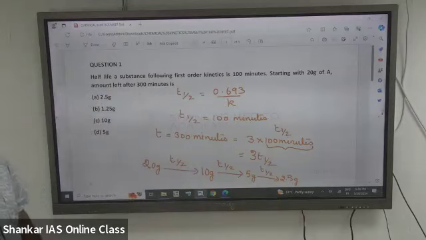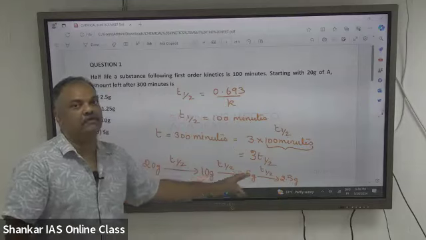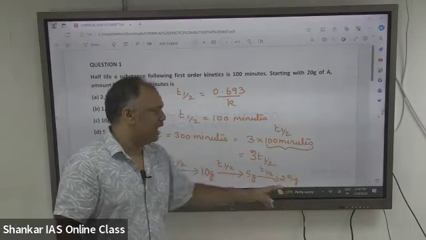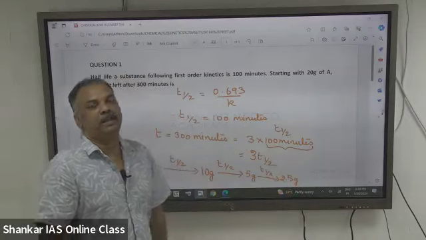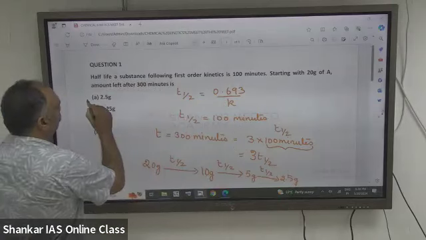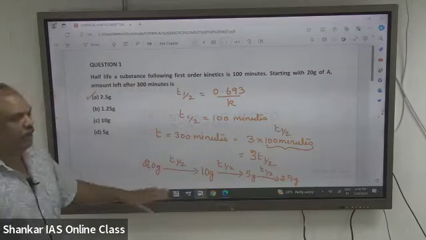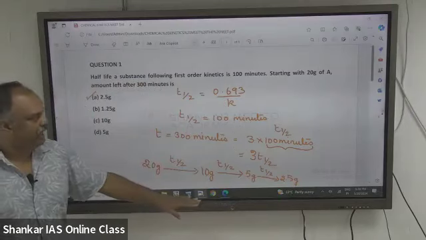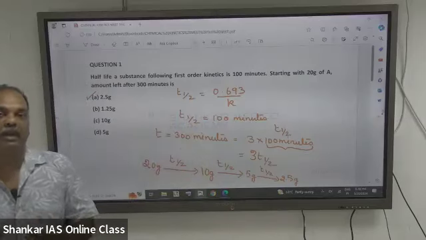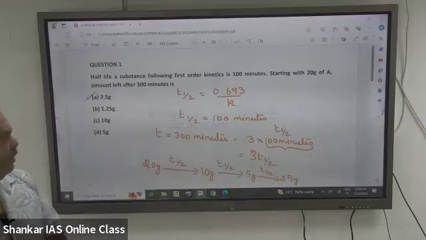So I have used 3 T halves over here. At the end of 3 T halves, I have 2.5 grams of the sample left. So the answer is 2.5. By using this approach, we are not going through laborious mathematical calculations.